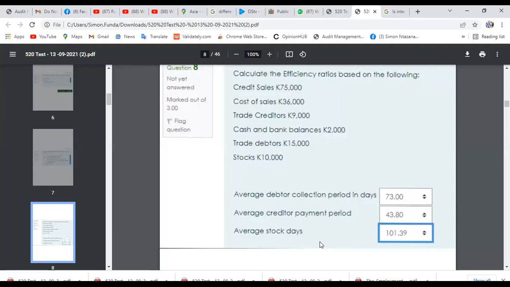Yeah, you can round off, so meaning that you have 92 days. Okay, thanks. Yeah, so this is how you can calculate the creditor payment period. So not 43, this one was not correct.